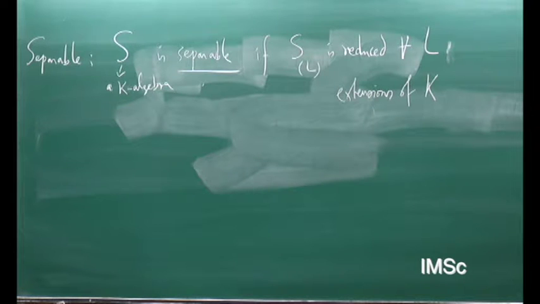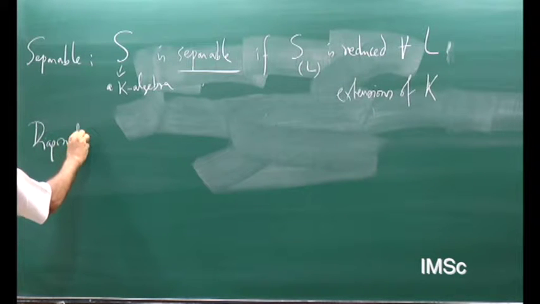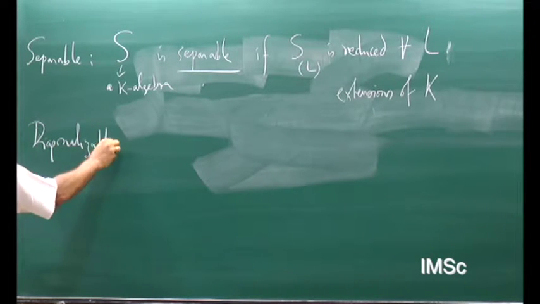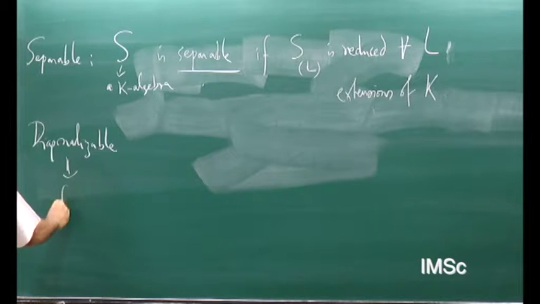So what is clear is that diagonalizable implies finite dimensional. Right, it is isomorphic as K algebras, therefore as vector spaces.